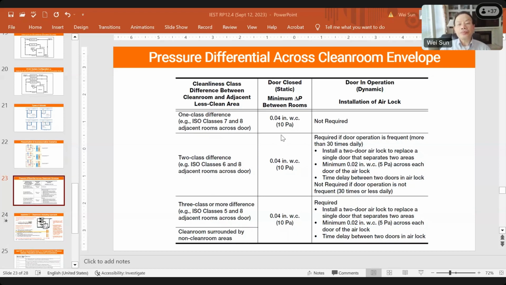And actually to most people, if the structure is tight enough, 10 Pascal is not difficult to achieve. The question is, an airlock is more expensive because it takes space and reduces the traffic time. And so in this table and the ASHRAE table, they put two different categories. Hopefully my feedback addresses your questions.